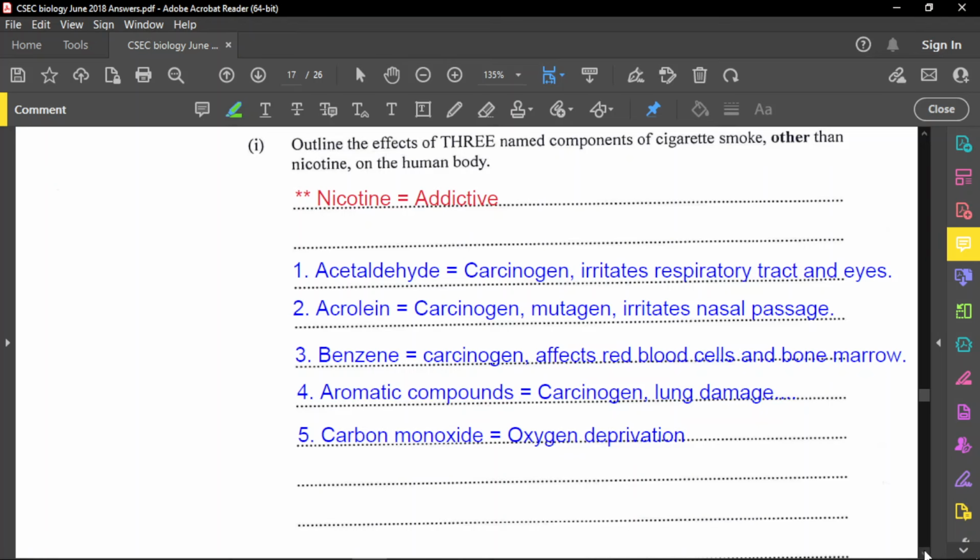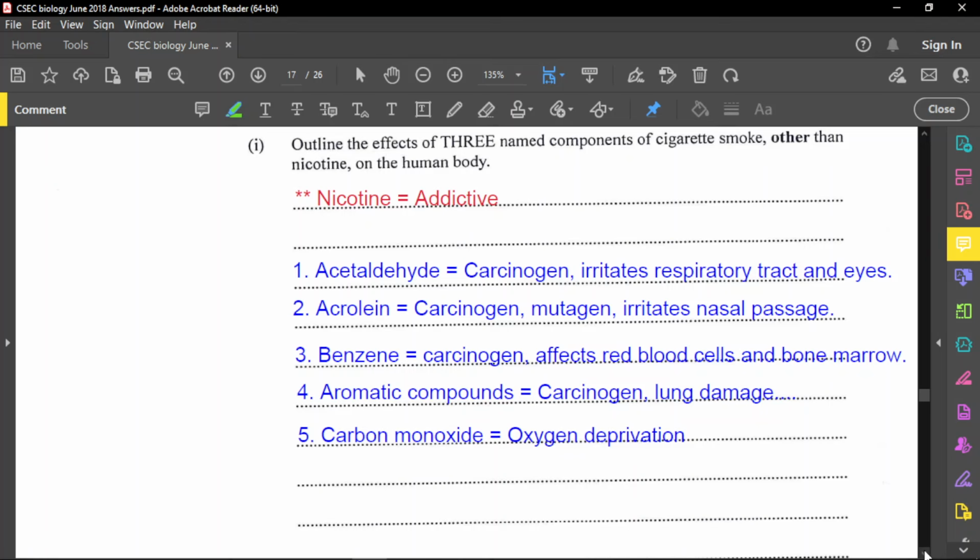And you have carbon monoxide, and carbon monoxide can cause you to be deprived of oxygen, and so it can lead to unconsciousness. Well, if you're smoking a cigarette, you won't have enough to put you in a state of unconsciousness. But with carbon monoxide poisoning, if you know about it, it really decreases the oxygen uptake by the blood.